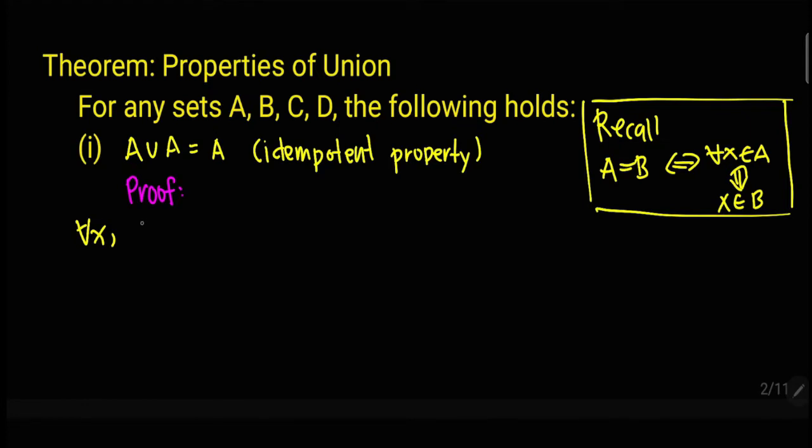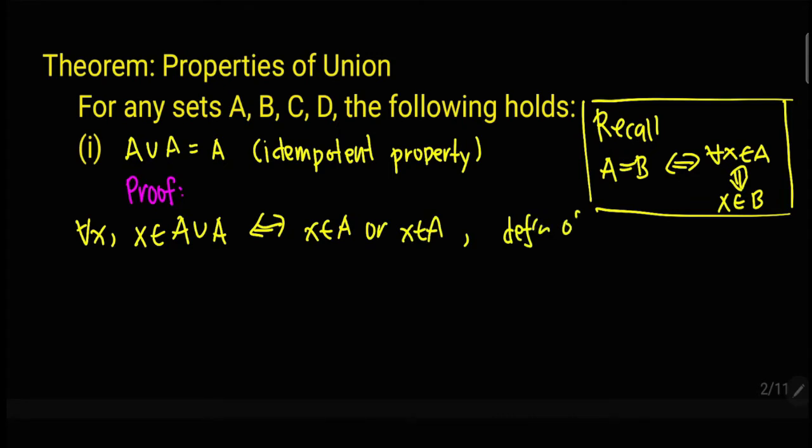So by definition, X is in A union A if and only if X is in A or X is in A. So that's from the definition of union. Now, going back to the properties of logic, the operator or is idempotent.